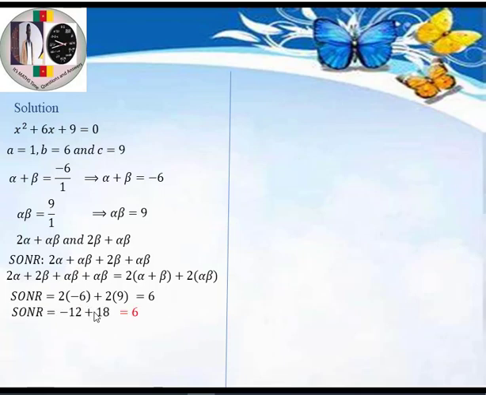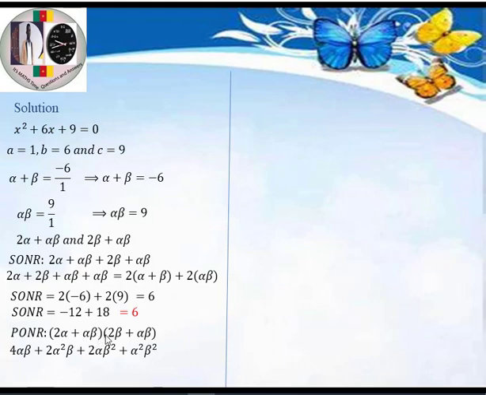We can also look for the new product of roots: 2 alpha plus alpha beta times 2 beta plus alpha beta. If we expand the bracket, we have 2 alpha times 2 beta, which is 4 alpha beta. 2 alpha times alpha beta is 2 alpha squared beta.